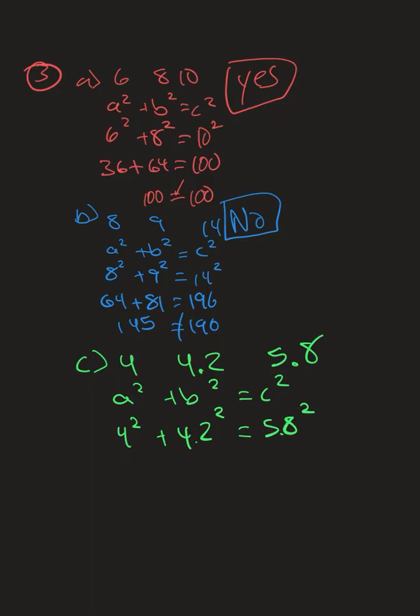4 squared, 4 times 4 is 16, plus 4.2 squared. When I go 4.2 squared, I get 17.64. Okay, trust but verify. And then when I go 5.8 squared, I get 33.64.